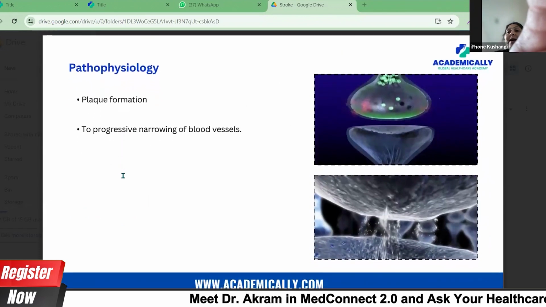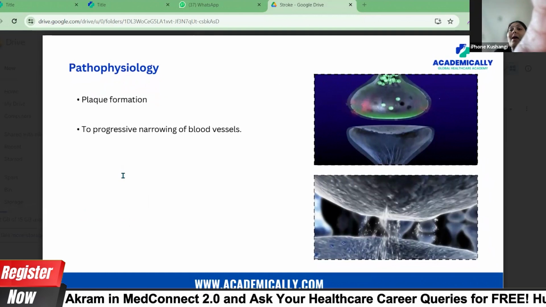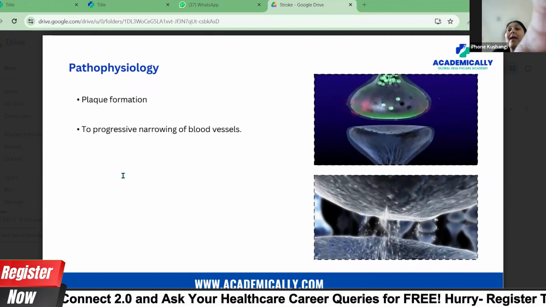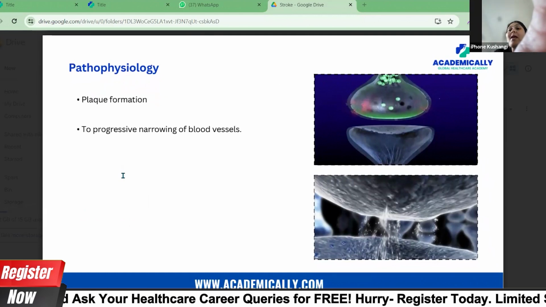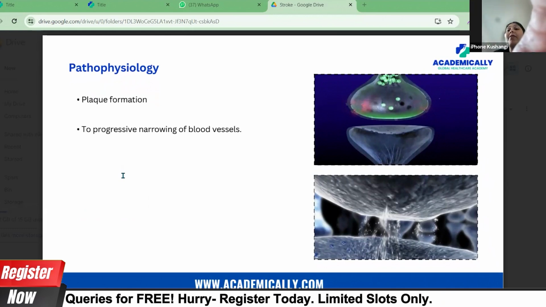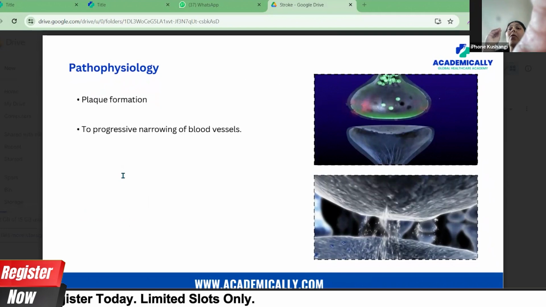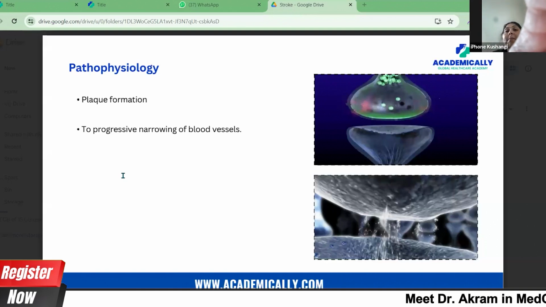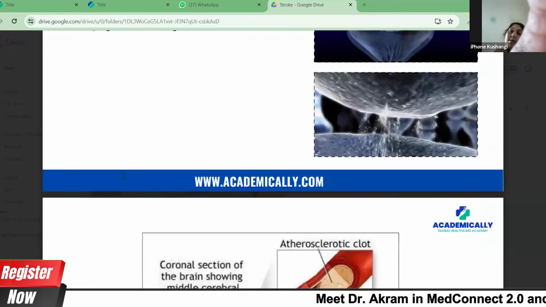So how does it occur? You can see in this picture where the artery is. Can you see the space in between? This space is reducing because of the accumulation of lipids or other substances in that space, and it causes the plaque formation which blocks the passage of the blood supply. Next, please.